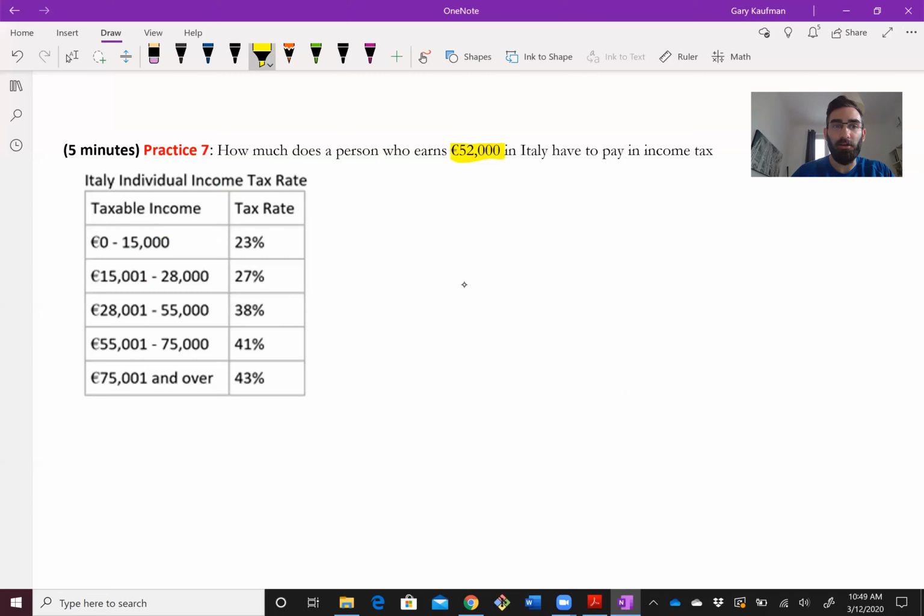Well, we look here, and the way to read this, 52,000 is between 28,000 and 55,000, which means what do they have to pay in tax? 38%. So your goal is to figure out how much tax that is. So I'm paying 38% of 52,000. Go ahead.